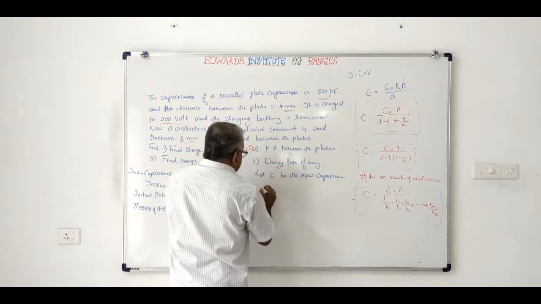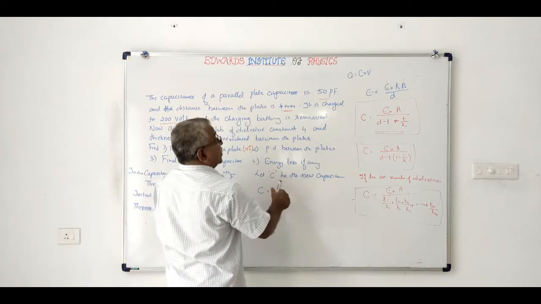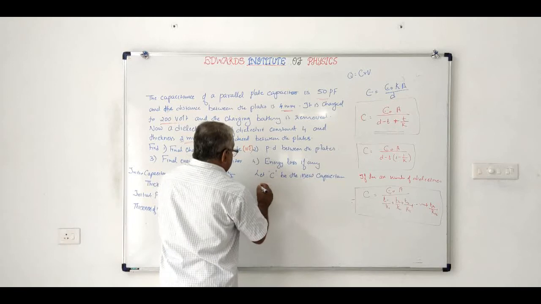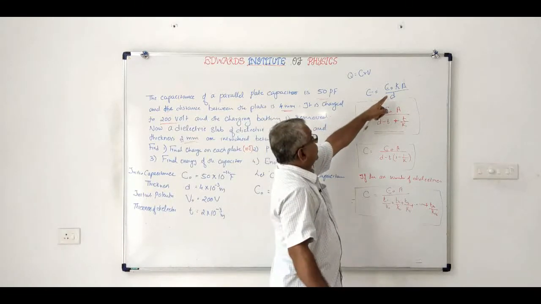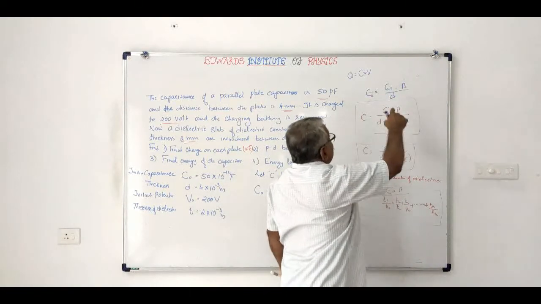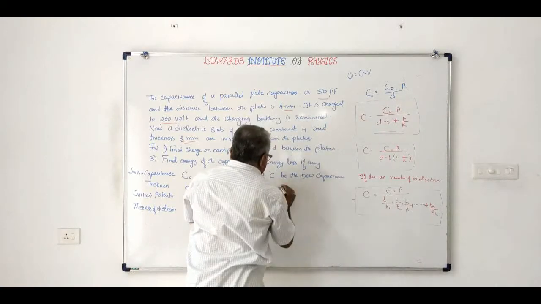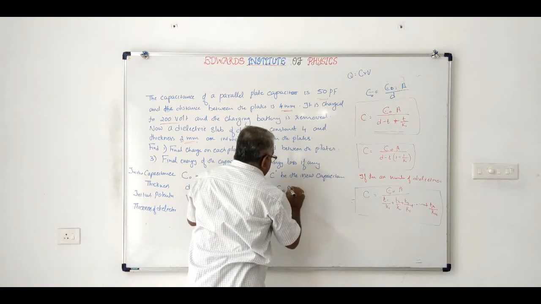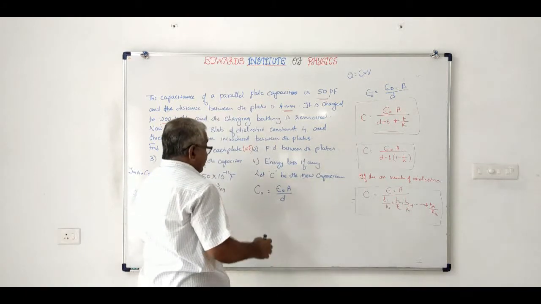So before that we will do one thing. C0 is equal to epsilon 0 A by D. A and D do not change.